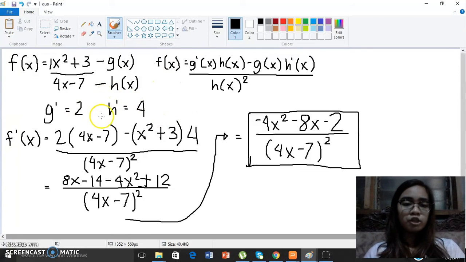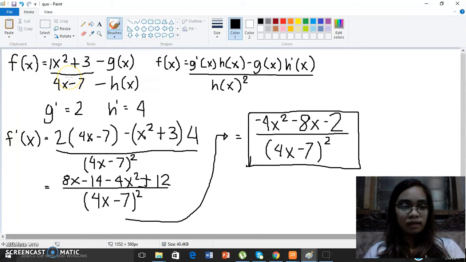And then the h prime is equal to 4. Where did I get this? This is where I get it, in the 4x minus 7. How did I come up with 4?